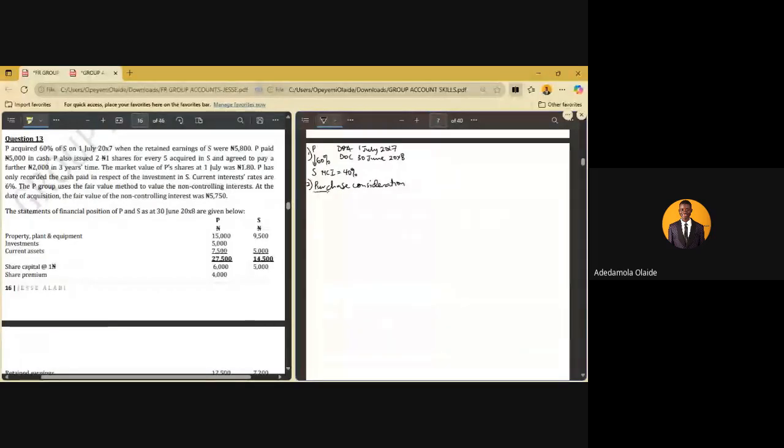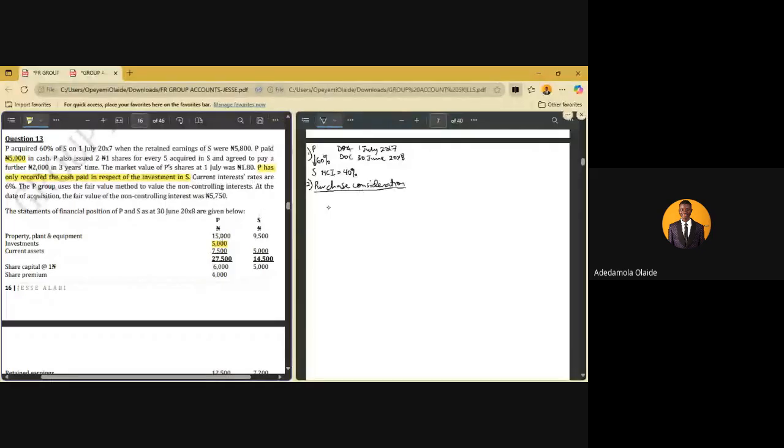If you look at this very well, the cash consideration would mostly have been recorded. This 5,000 they said they paid in cash. Even if they did not tell us that P has only recorded the cash paid in respect of the investment in S, if you check here you see investment 5,000, and they would have credited their cash or bank with the same 5,000.